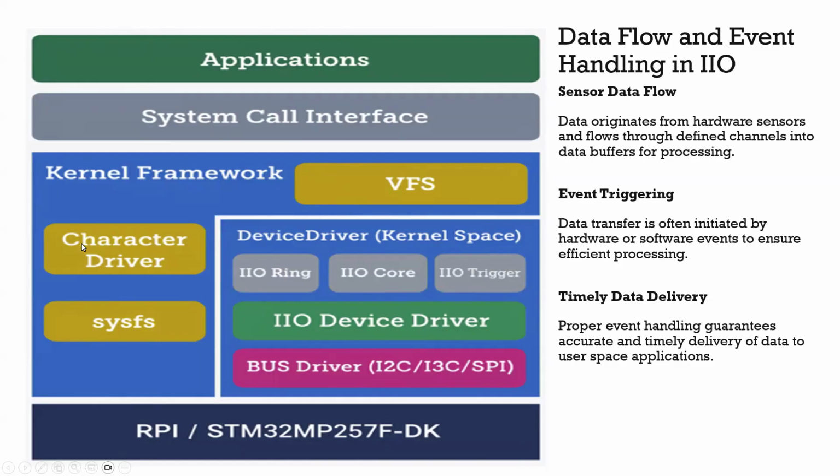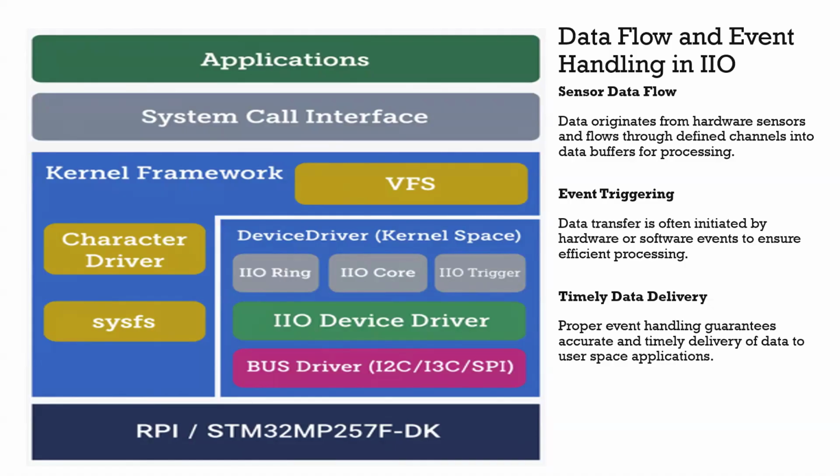The character driver and the sysfs here represent IO only, because IO allows you to interact both ways. So if you have to interact with the character driver of the IO, you have to go to /dev/iio:deviceX. It can be 0 or 1, anything. We'll be seeing that while we have our demo.